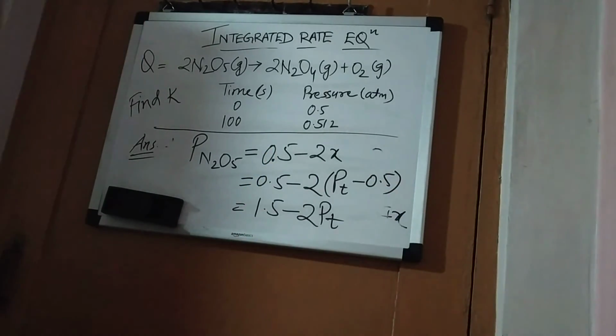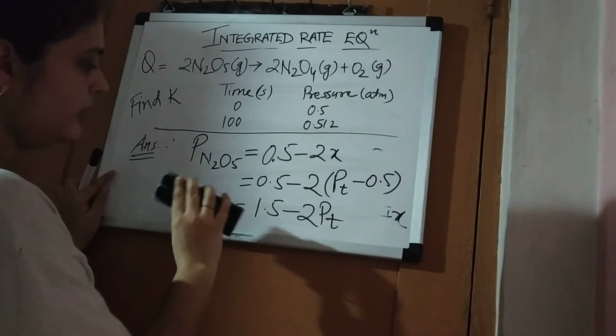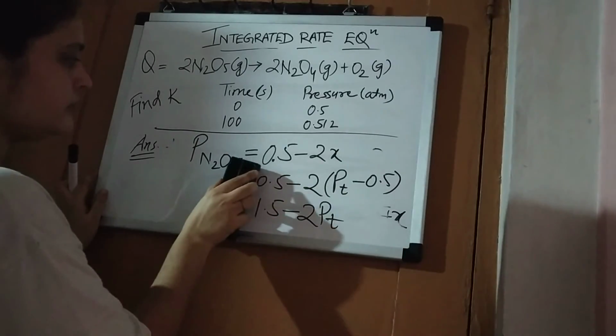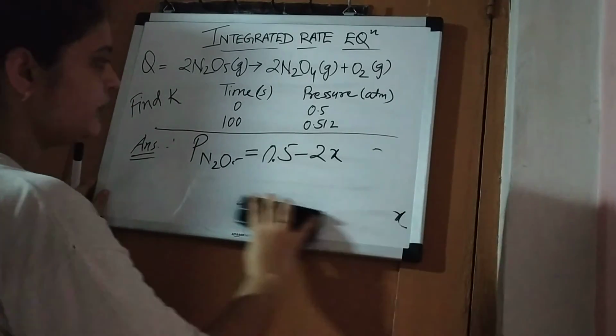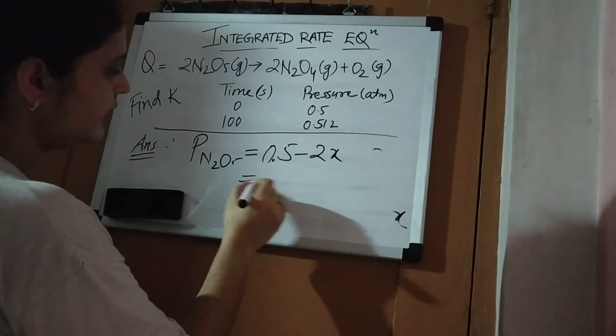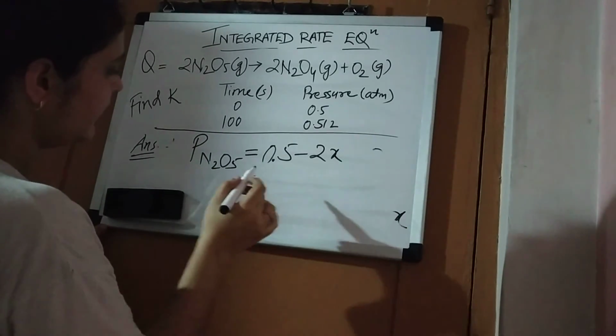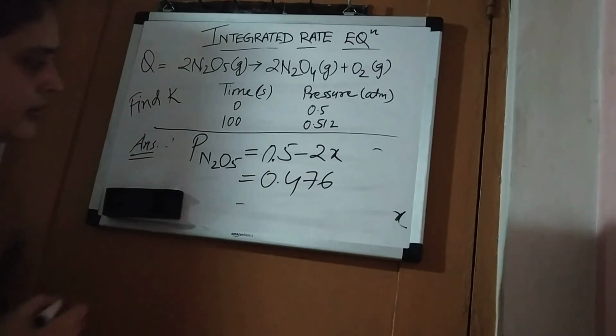So what will we get? We will get 0.476 after calculating. You can check also by calculating. After putting the value of pressure 0.512, we will get the pressure of N2O5 as 0.476, right?